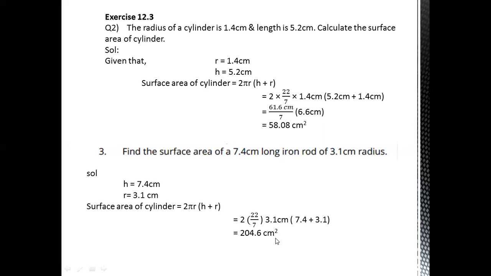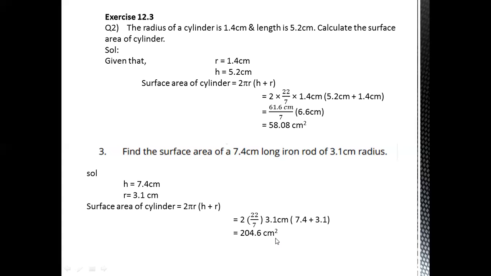And next question, the last question, question number 4 of this exercise, you will do it by yourself. In this you have given the length, means h value 5 meter, radius is given in centimeter. So first you convert the meter into centimeter by multiply with 100. So it will be 500 centimeter.